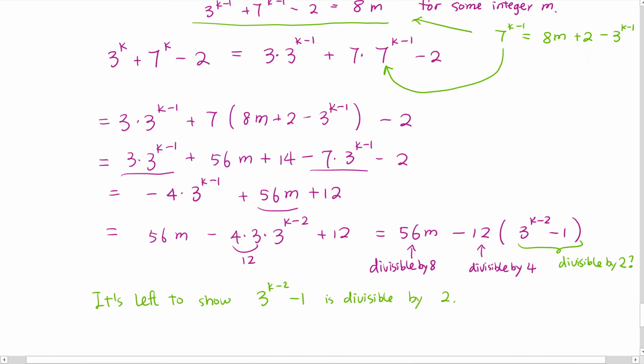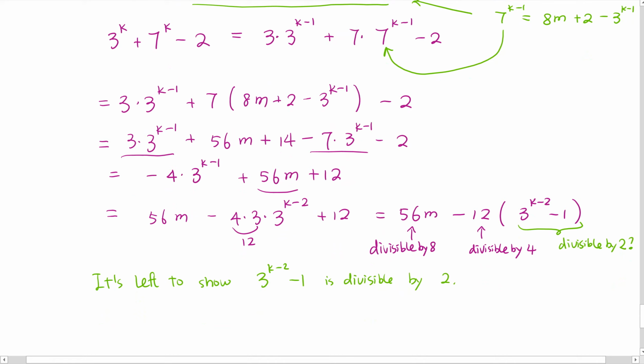Why is that? Think about 3 to the k minus 2. Is this an odd number or an even number? This is an odd number. All the powers of 3 are odd numbers, because an odd number times an odd number is an odd number. So this is a product of 3s, they're odd numbers.